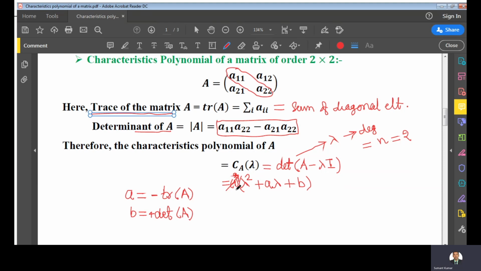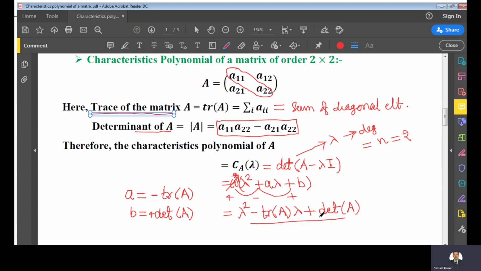That means alternate signs will come: minus, then plus. So the polynomial corresponding to matrix A is lambda square minus trace of A times lambda plus the determinant of A. You can easily write the determinant.